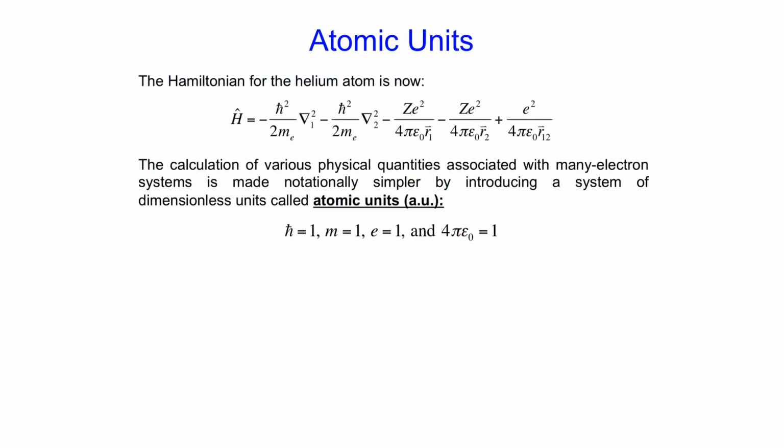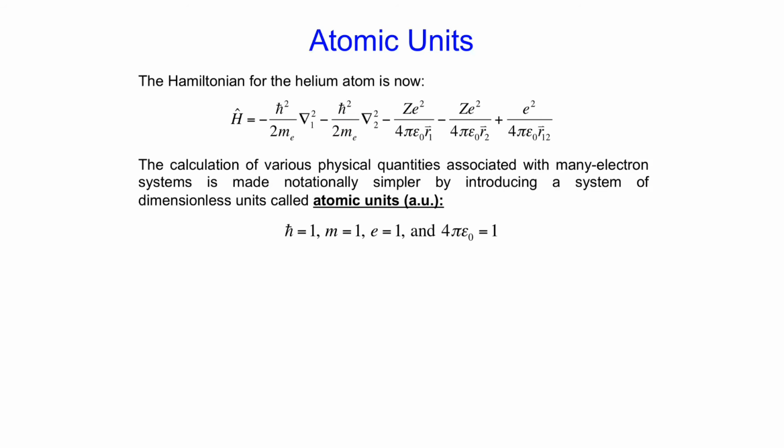But for now, I'll say a little something about another trick that we're going to start using in our treatment of multi-electron atoms, which is the use of what we call atomic units. We usually think of energies in terms of joules, or bond lengths in terms of picometers or angstroms, and the charge on our electron and the mass of our electron in kilograms.